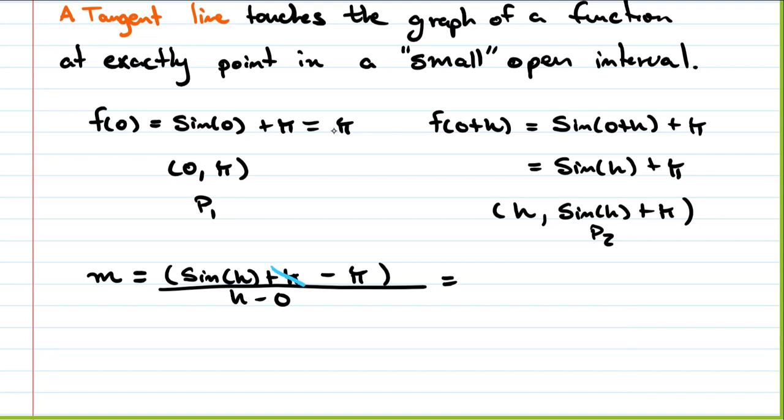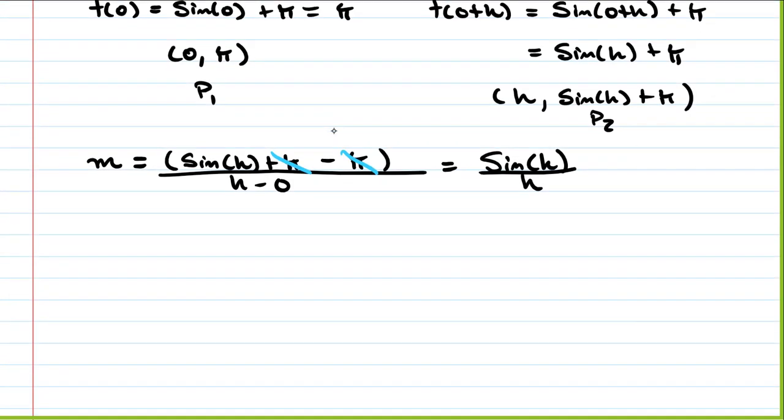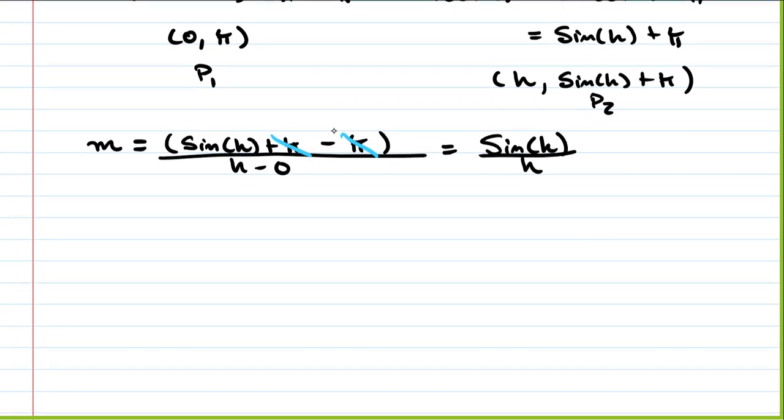Then our pi's cancel out, and we end up with the sine of h divided by h. So that is our slope for this function.